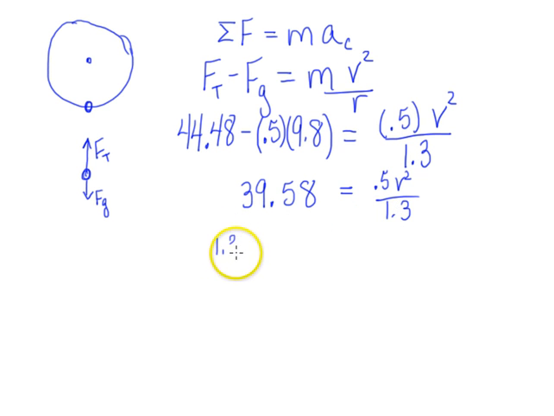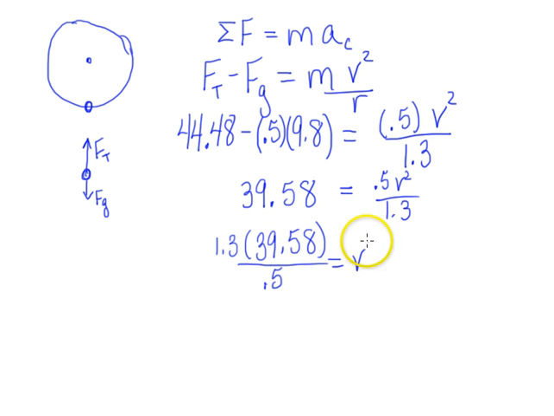So 1.3 times 39.58 divided by 0.5 is going to be my v squared. So I multiply that by 1.3, divide that by 0.5, I get 102.9. That's going to equal my v squared.